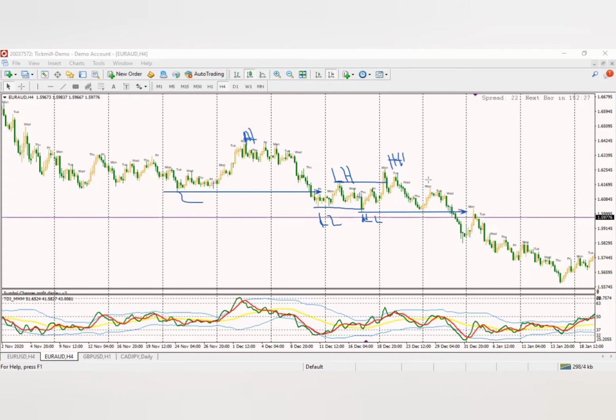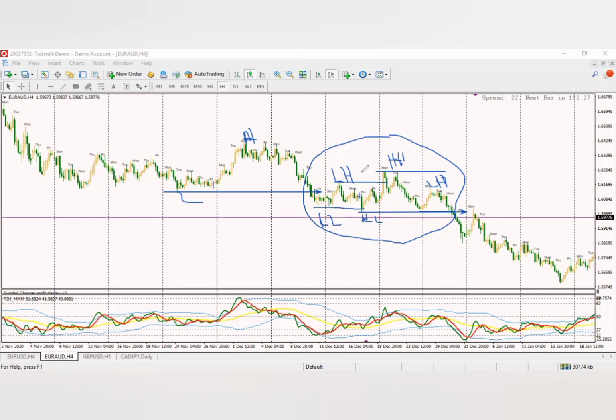It went up and gave us a lower high. At this stage, many people are confused. But if you understand the nature of the market, what you need to do is wait whether it's going to break this or this.